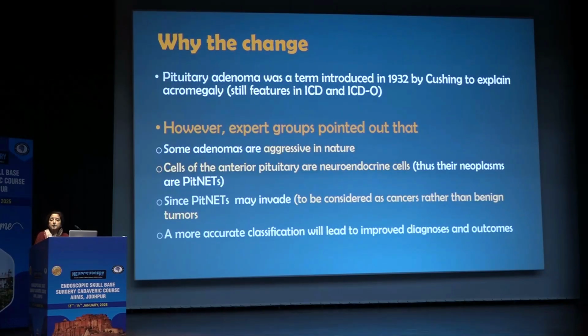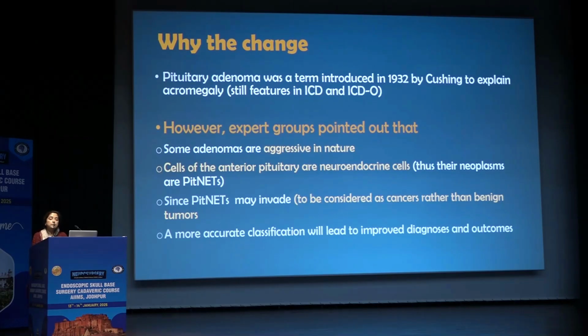So the question comes to our mind, why are there so many changes? Because pituitary adenoma was a term which was introduced in 1932, and it still features in the ICD and ICD-O code. So what was the need? After long years of debates between different groups, the expert groups pointed out that not all adenomas are benign in nature. Some adenomas do show aggressiveness.